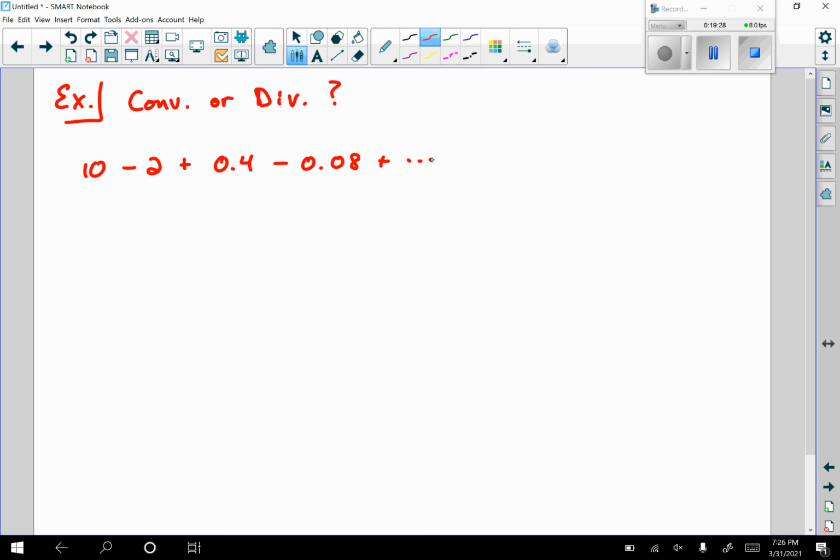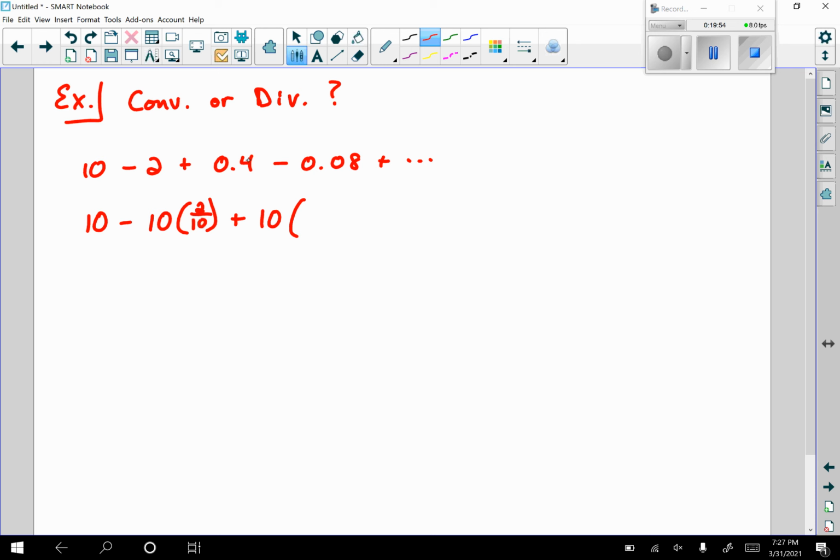So again, we want to try to rewrite this so we could clearly see a obviously is going to be our first term. So we could write this as 10, and then it's going to be minus 10, and then the r has to get us back to 2. So let's say I know if I need a 2 here, it's going to be a fraction. So 10 times 2/10 will just leave me with a 2. And then we'll say plus 10.